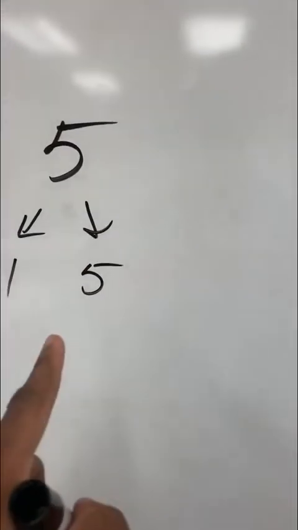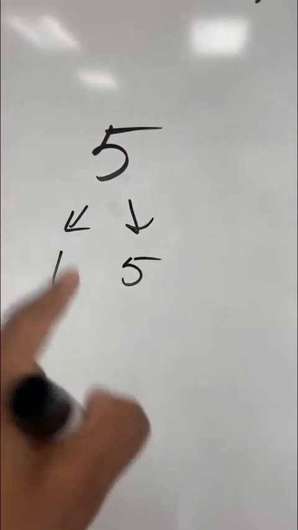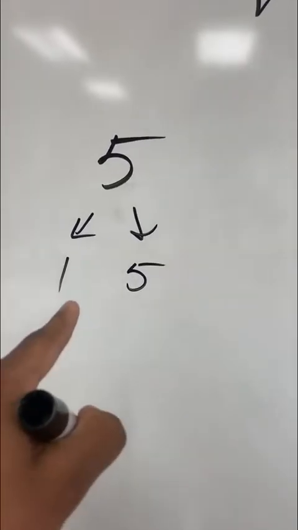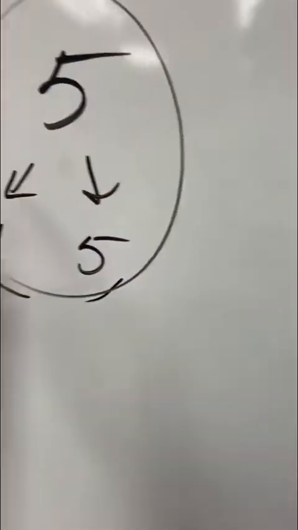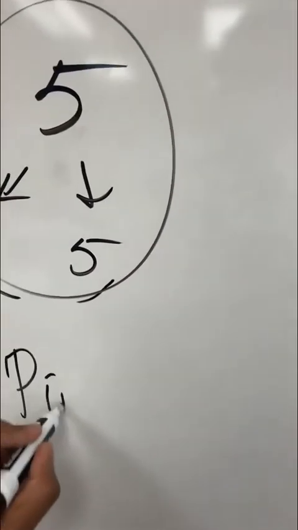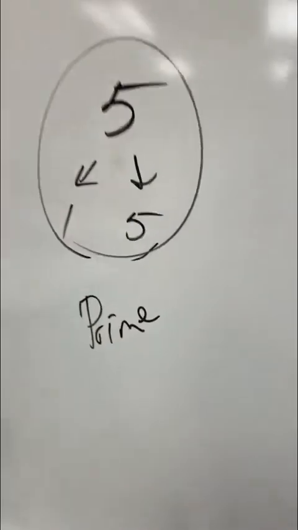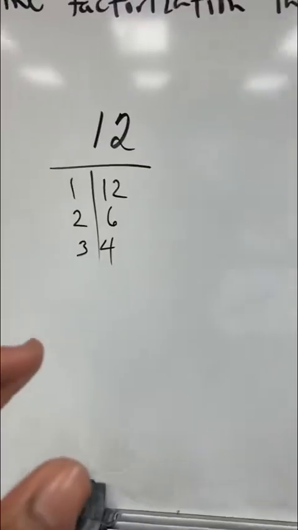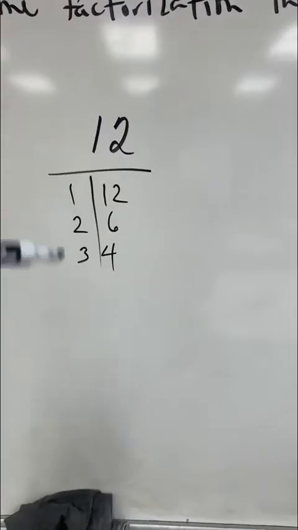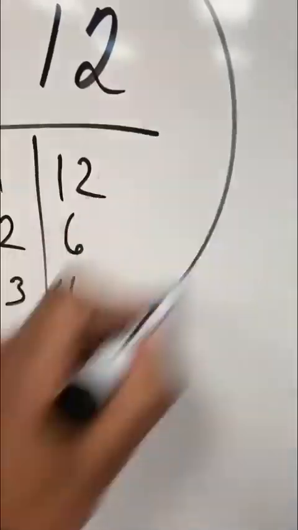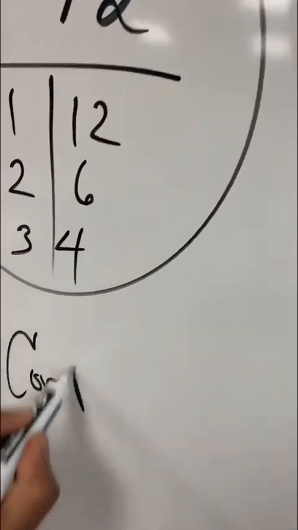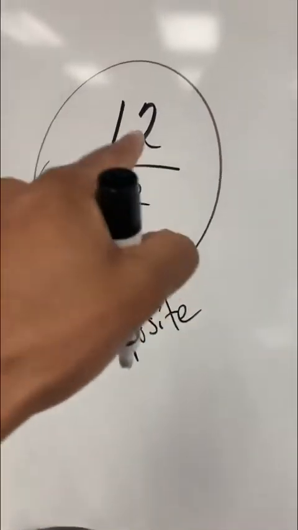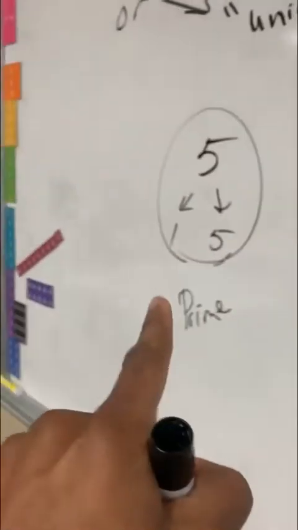Now, this one is special because remember, in integer factorization, you can break numbers into 2 smaller numbers. You can't do that with the number 5. That's why 5 is called a prime number, because that's all you can do with the number 5. Now, this one here, because there are different ways that we can list these factors, is what we mean by composite, which means this number itself is composed of primes.